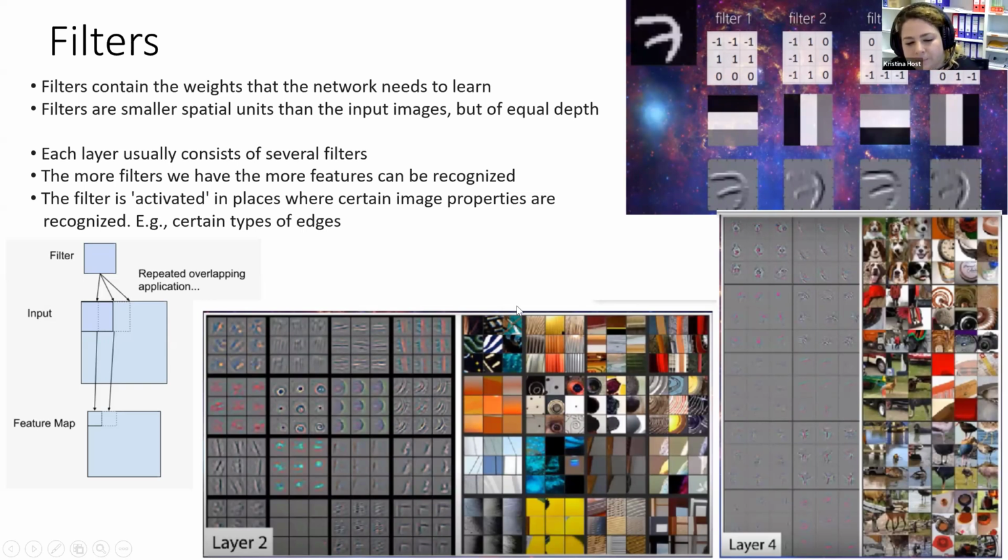But when you go deeper in the network, you have more convolutions and other filters. It can recognize parts of the image, for example, the wheel of a car or the head of a dog and similar. And when it comes to the end of the network, it can recognize entirely what is in the image. For example, there is a dog, there is a truck, there is a deer, and similar.